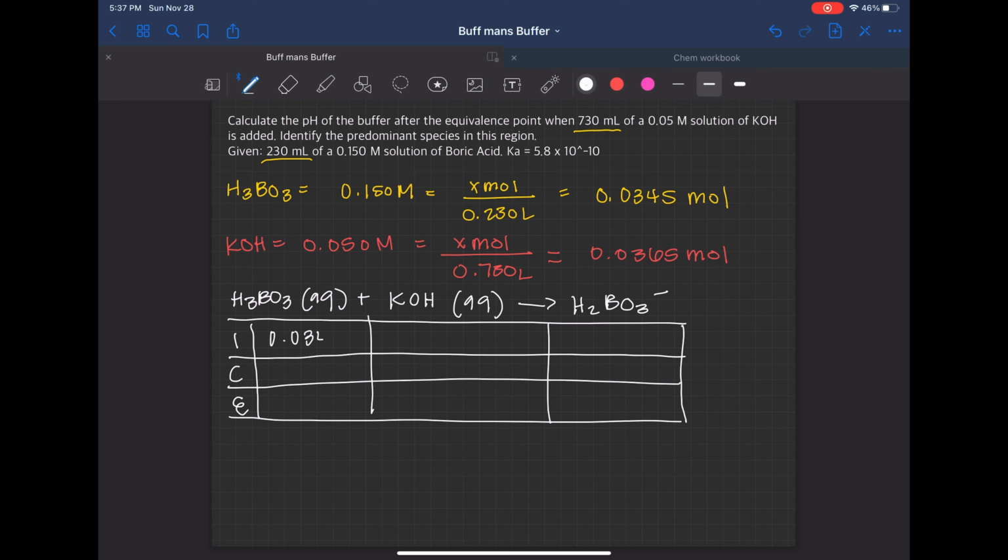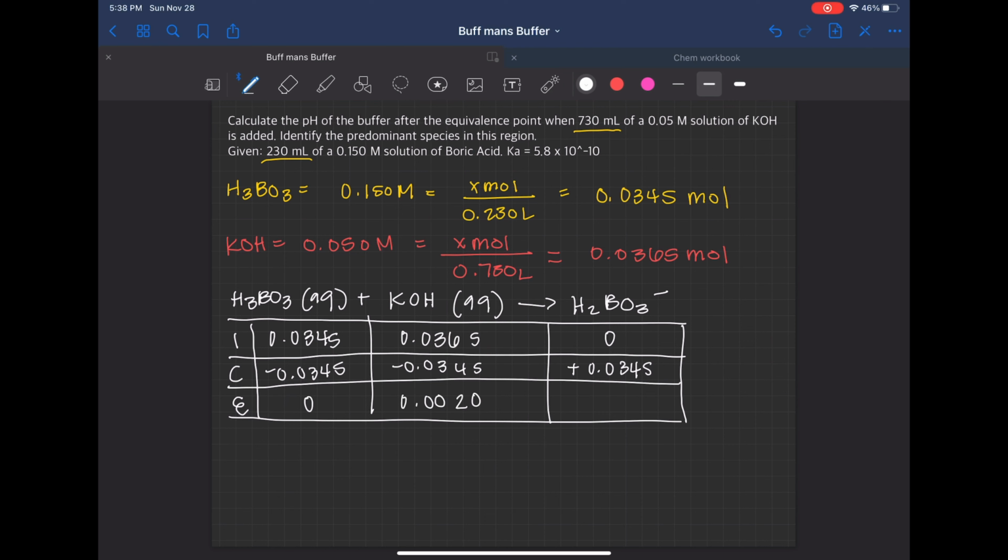Our chemical equation is boric acid plus the potassium hydroxide, yielding dihydrogen borate. And then we're going to set up the ice table and compute the moles that we had just solved for. So our initial for boric acid is 0.0345. For potassium hydroxide, it's 0.0365. And for dihydrogen borate, we had none.